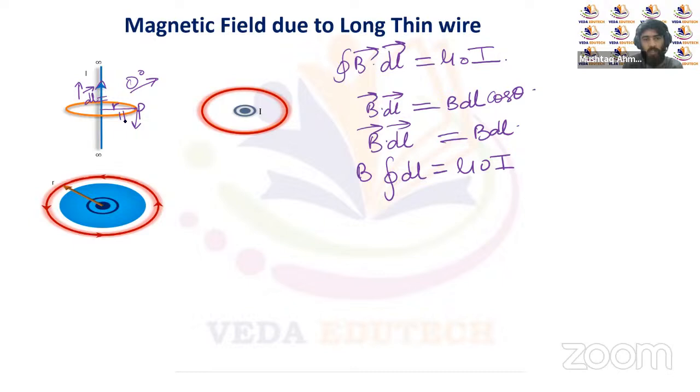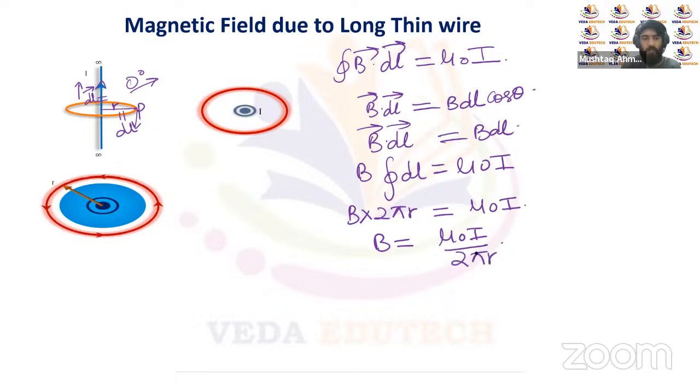The total length of this Amperian loop gives us the circumference, which is 2 pi r. So B times 2 pi r will be equal to mu naught I, or the magnetic field here will be equal to mu naught I upon 2 pi r.